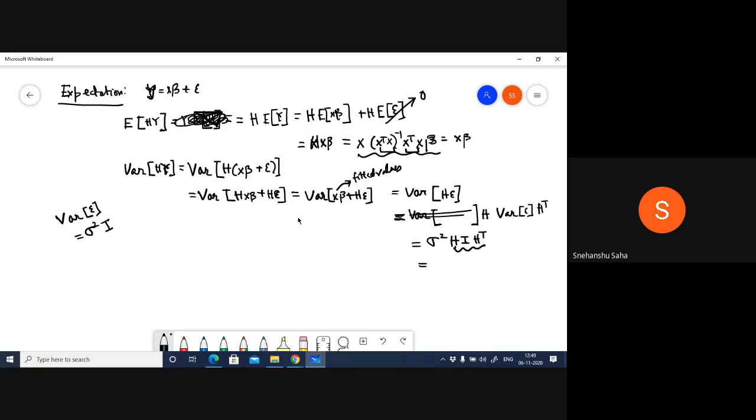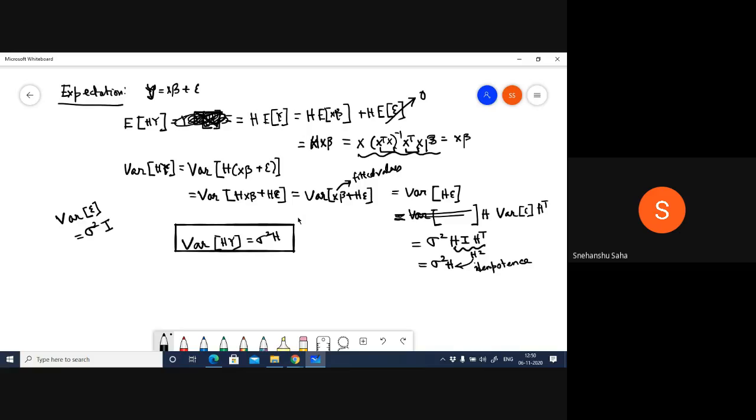But we know that H is idempotent, right? So I use the property of idempotence of H, and I get a very compact representation: variance of HY is nothing but sigma square H.